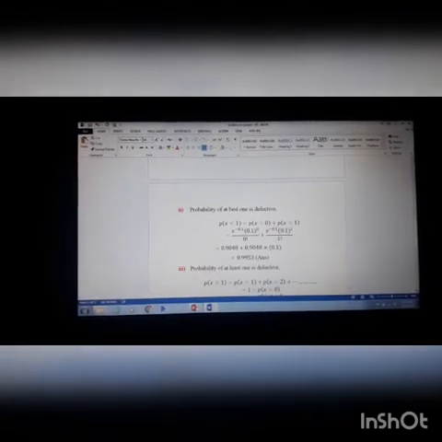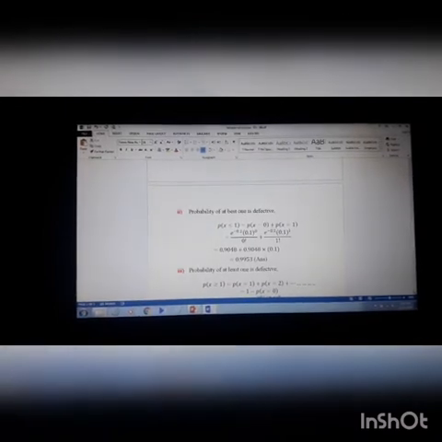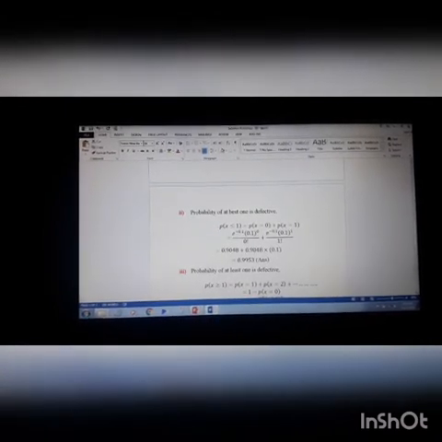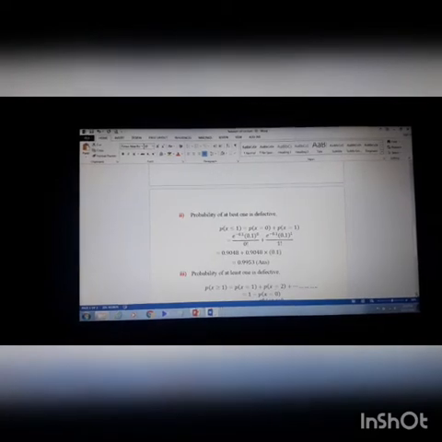Similarly, we just replace the value of x equal to 0 and x equal to 1 in the probability function. So we get e to the power minus 0.1 into 0.1 whole to the power 0 divided by 0 factorial plus e to the power minus 0.1 into 0.1 whole to the power 1 divided by 1 factorial.